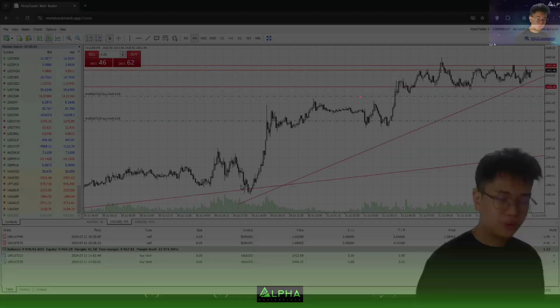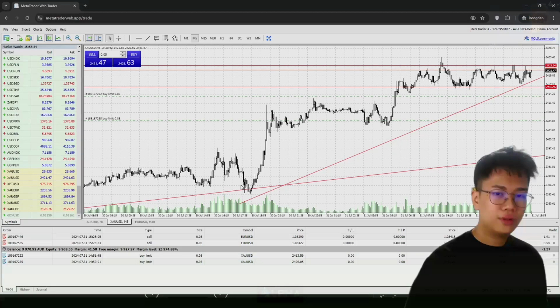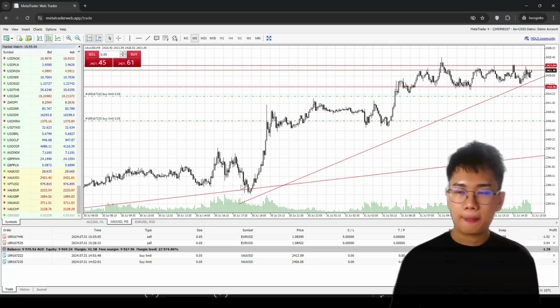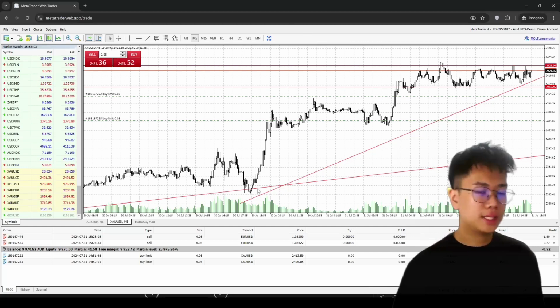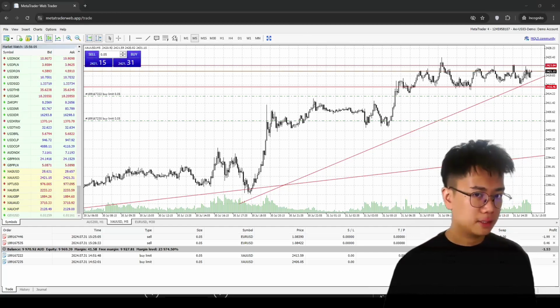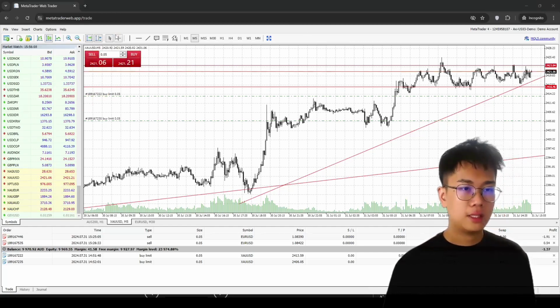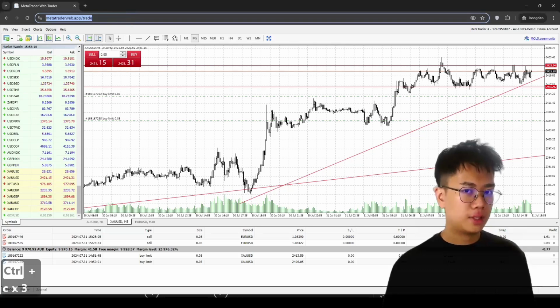And just to share with you guys, in case you do not want to install robots on your computer, you can now actually do trading on websites. Like what I'm showing you guys over here, this is a web-based MT4. So I'm going to post a link in the chat box, and you guys can access this.